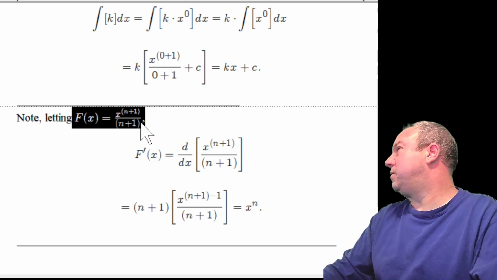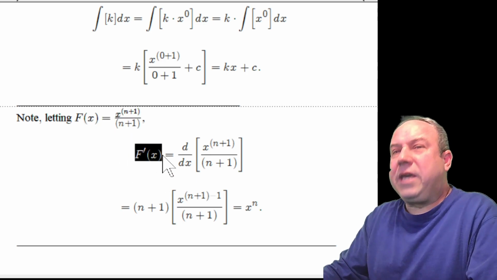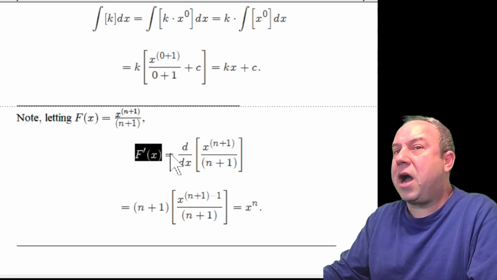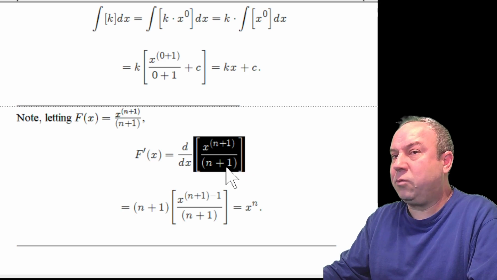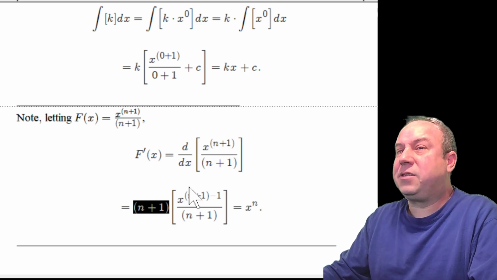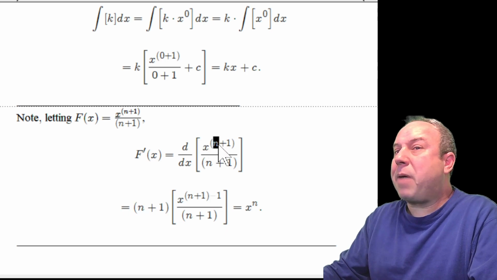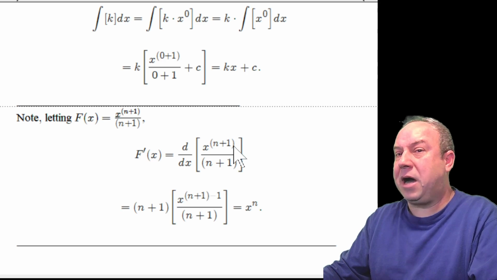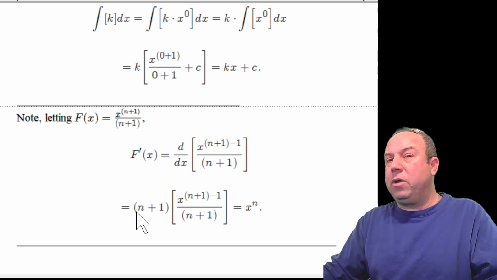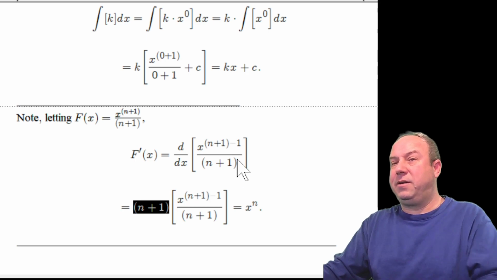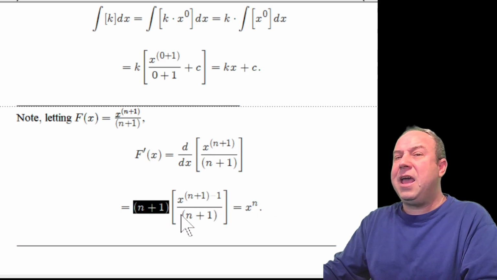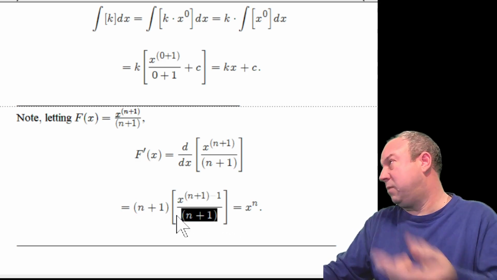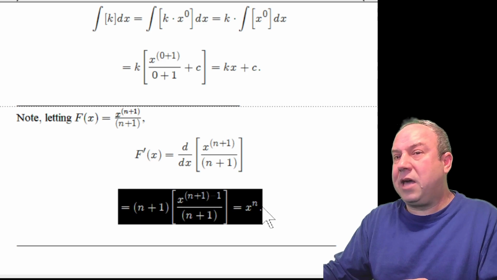Letting F of x equal x to the n plus 1 power divided by n plus 1, we can see that if we take the derivative with respect to x, the power of n plus 1 decreases by 1, while we bring that power of n plus 1 out in front as a constant multiple. Now, this n plus 1 minus 1 is going to simplify to the value of n, and the n plus 1 divided by the n plus 1 is going to simplify to the value of 1. And this is all equal to x to the nth power.